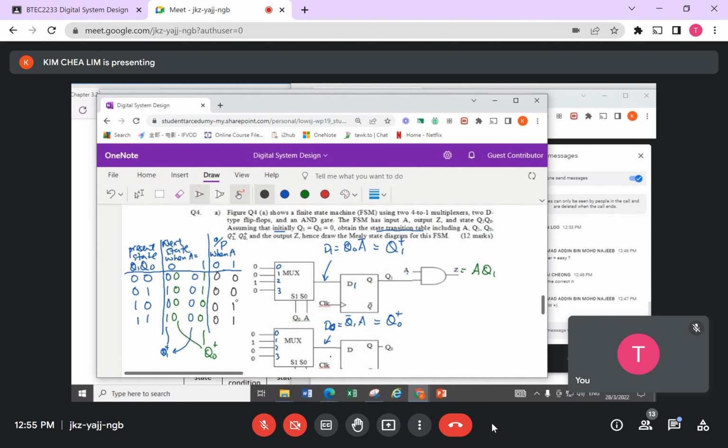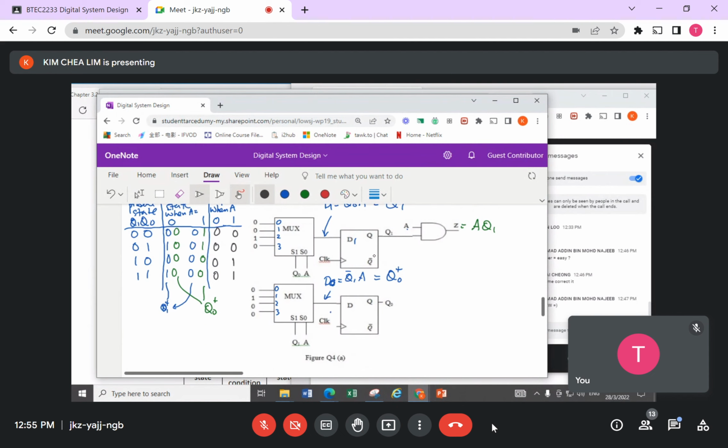Yep, this is the 2, 1 appearing here. So this completes the state transition table. Then the output Z is this. Later on, based on this, draw the Mealy state diagram. Once we have this, draw the diagram.